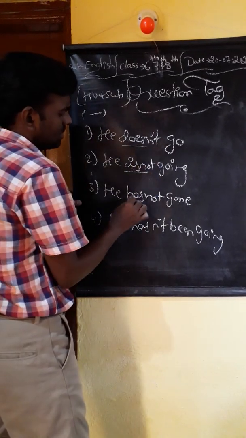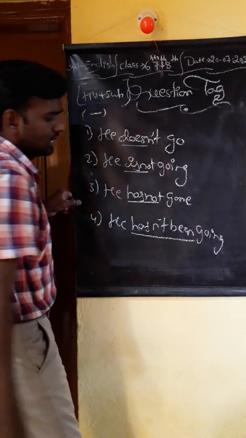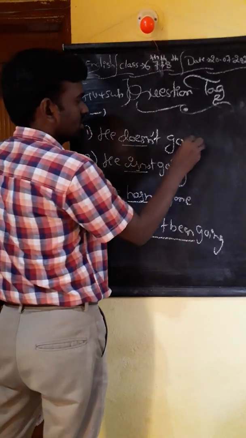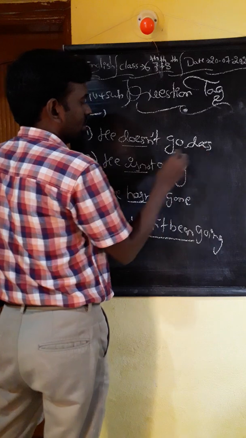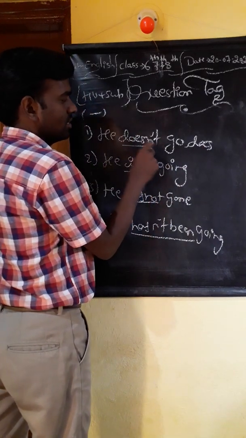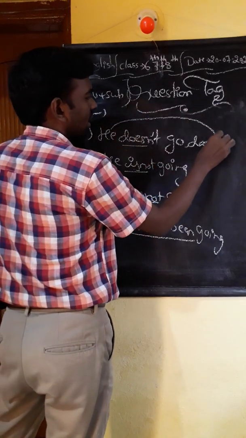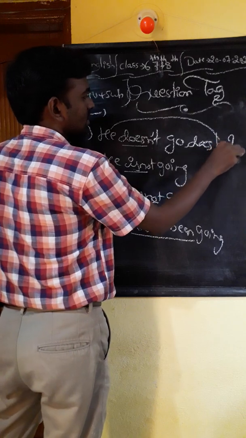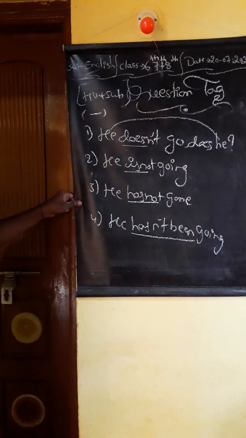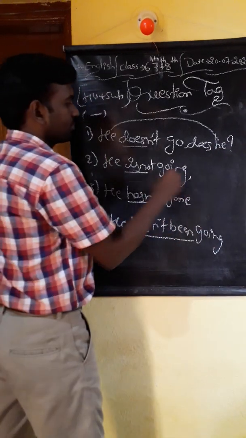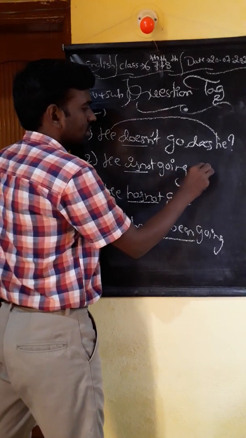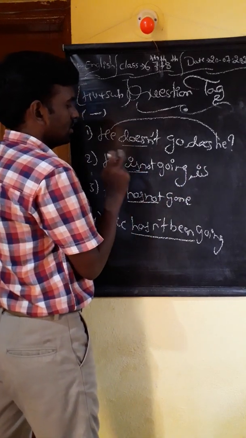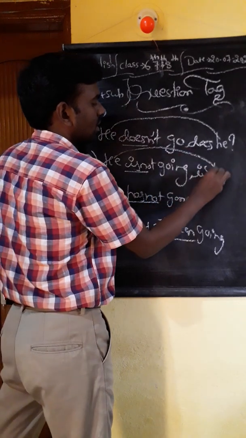Again, the concept remains the same. So we have to focus on the helping verb part. So here helping verb is does. Okay. So now the word not is already there. So just remove it and apply the subject. So this will be the question tag for the negative statement. Again here the helping verb is, again not is there. Just remove it and take the subject last.